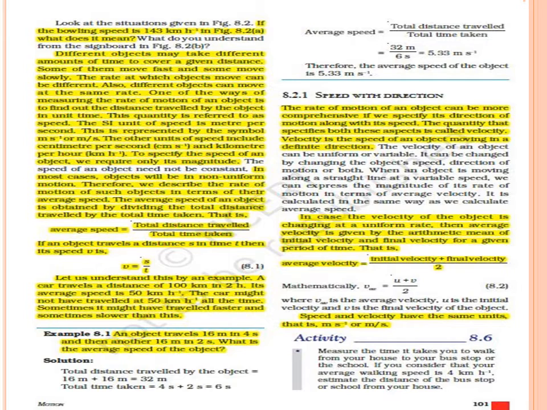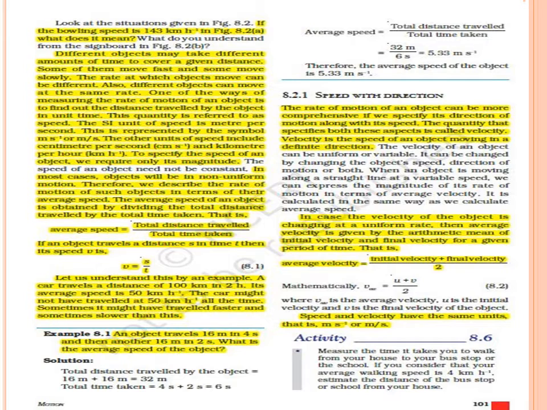So in average speed it was written that average speed equals total distance by time, and here average velocity is equal to total displacement by time. Because speed is a scalar quantity, the concept of distance has come, but since velocity is a vector quantity, the concept of displacement has come. Later when we do numericals, the concept will be easier.